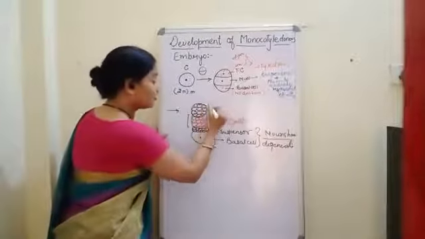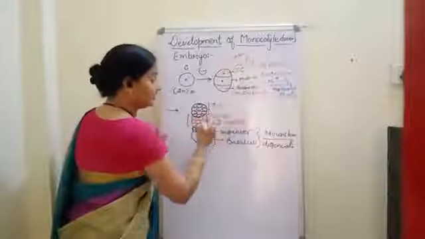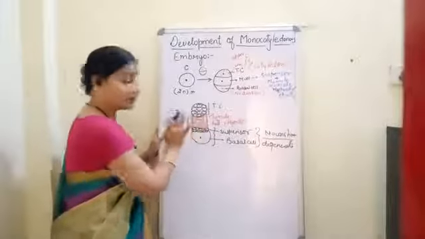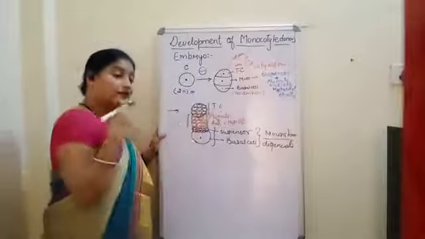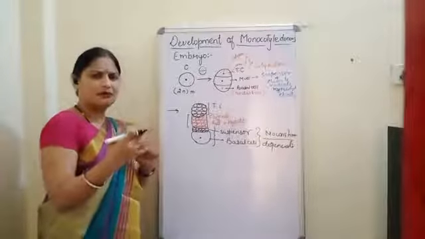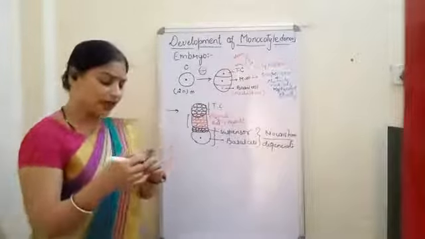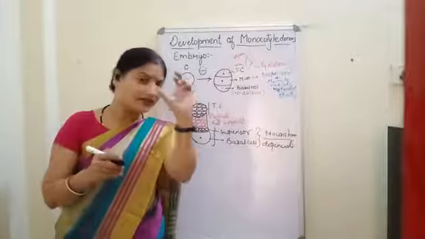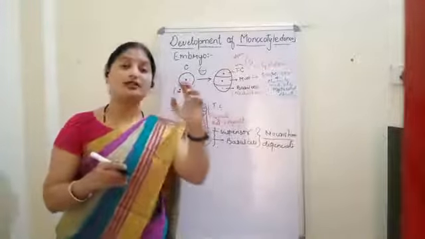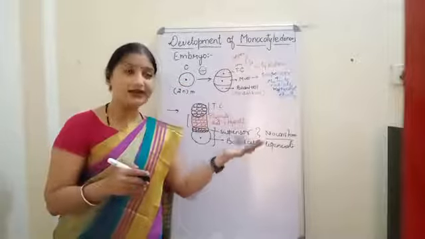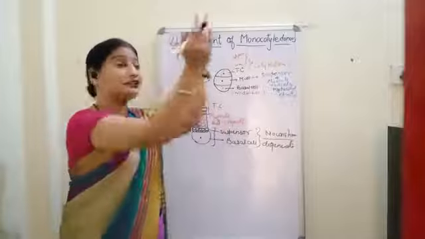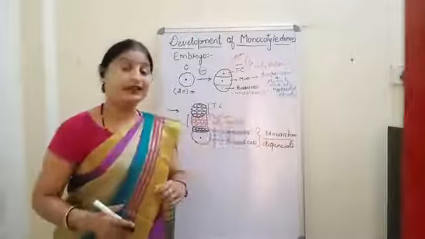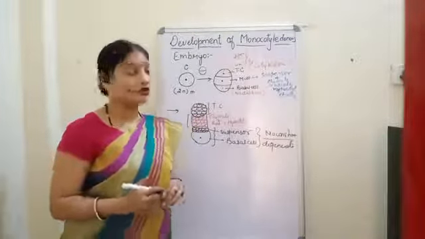Now this was our terminal cell. After division it will give rise to this one, the cotyledon. Now if the division is maximum, multiple cells will be produced, and we know the size of a seed is very small. As we have read in the dicot, the development of the cotyledon will shift it towards one side. The same thing will happen here also.